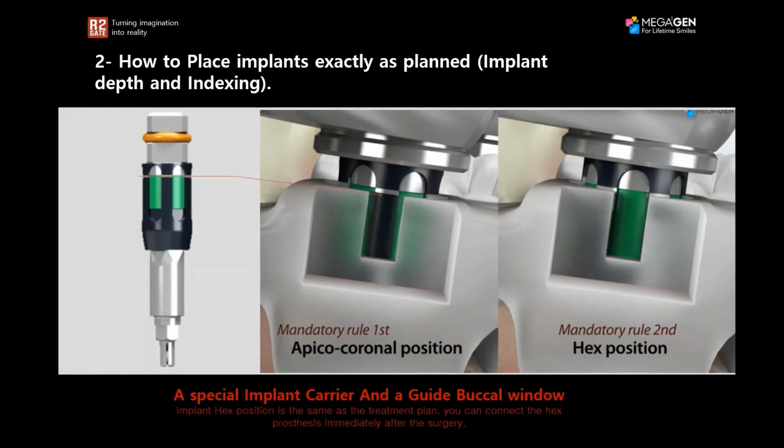On the other hand, if the green markings in the carrier show through the built-in window in the surgical guide, it means that this is also the flat side of the hex. So right now, with R2GATE, I can place the implant to the correct depth that I planned for, and also with the correct hex position as well.